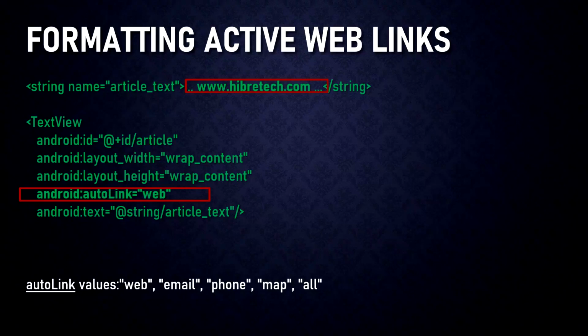You can also use phone, so that the phone number you specified will be opened by the default phone application, and map, and also all. All will give a pop-up option from all the apps you have on your device, and then you can choose one of them. These are some of the autoLink values, so you can have a try with your text view after the class.